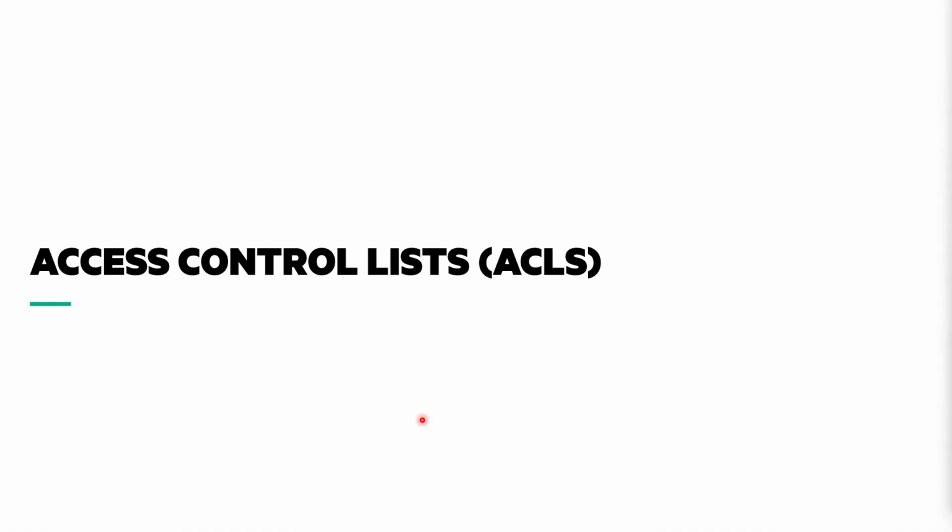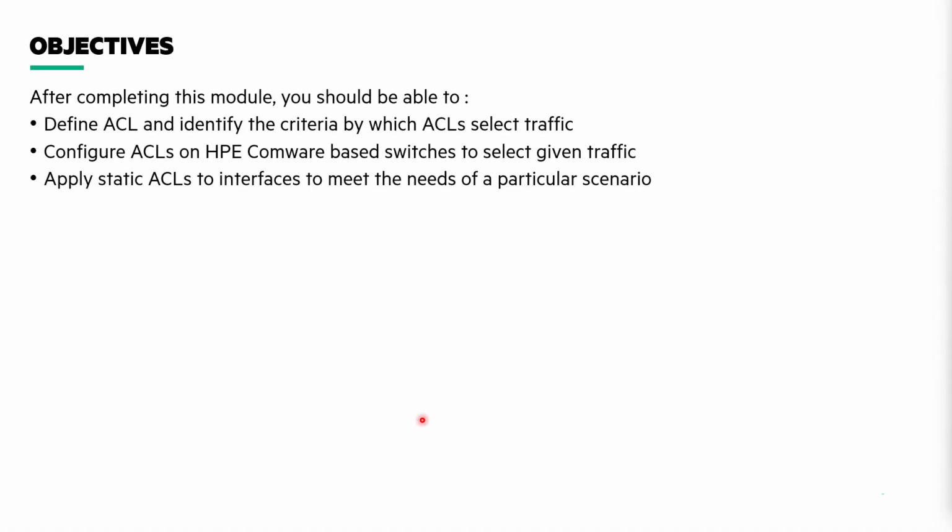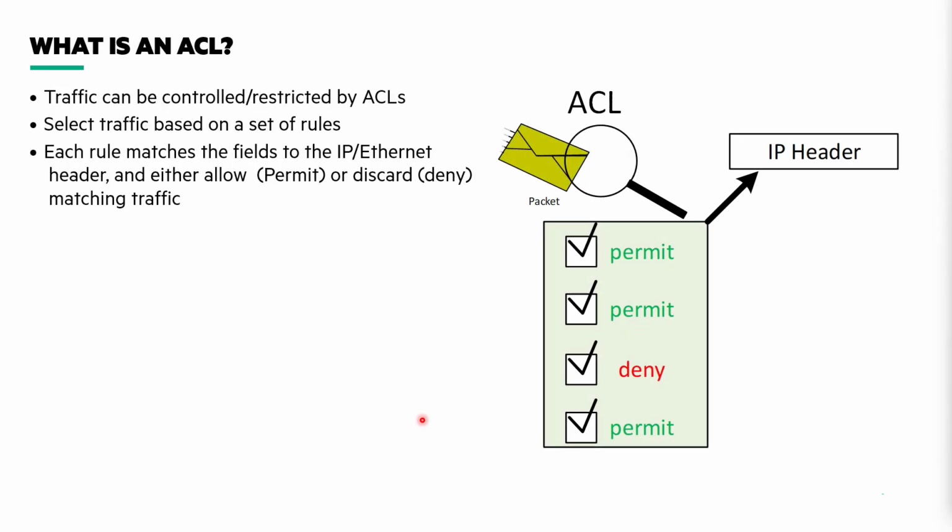Access control list. The objectives of this module are to understand what an access control list is, the types of access control list, what these access control lists consist of, how HPE Comware applies the access control list, and what the typical behavior is. And we'll look at some implementation scenarios based on the type of access control list.